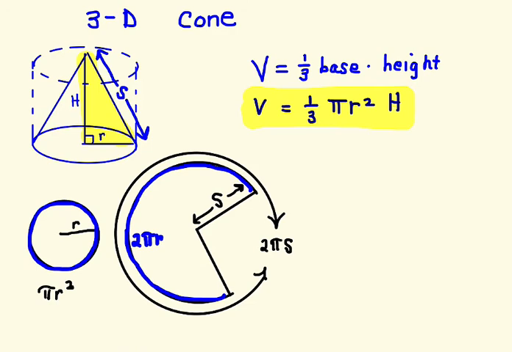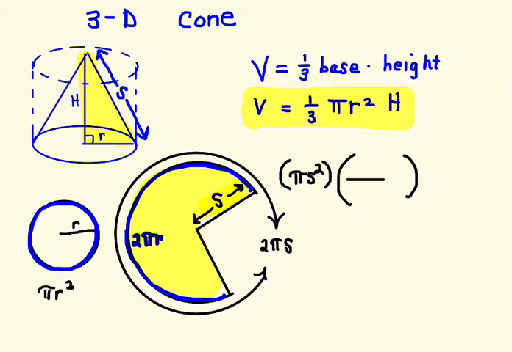So if we want to find out the surface area of this, it is the surface area of the entire circle, but only a percentage of it. The surface area of this entire circle is pi big R squared, or pi S squared. That's the surface area of the entire circle, right? But we only want a percentage of it. And what percentage do we want? We base it on the circumference.